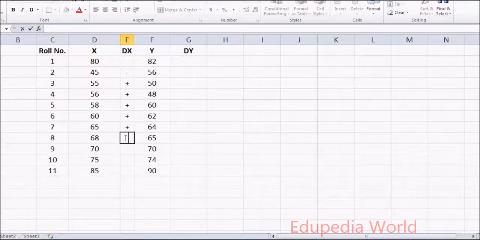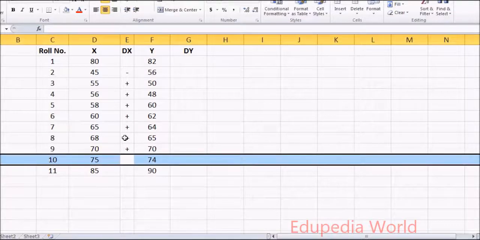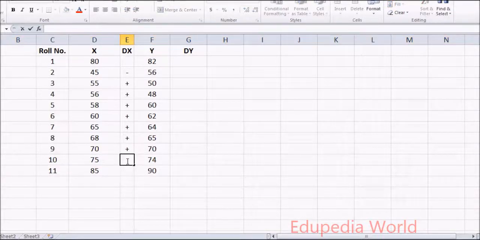Next, again increasing to 68, another positive sign. Next to 70, another positive sign. 75 will also have a positive sign, and finally 85 will have another positive sign. So we see that except the first one, all other values have an increasing trend.